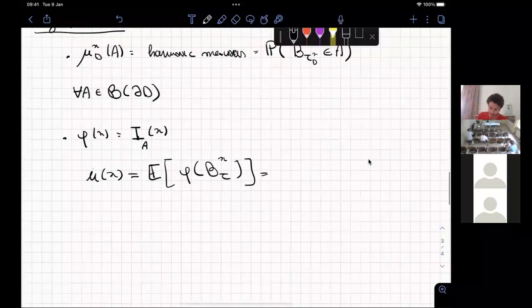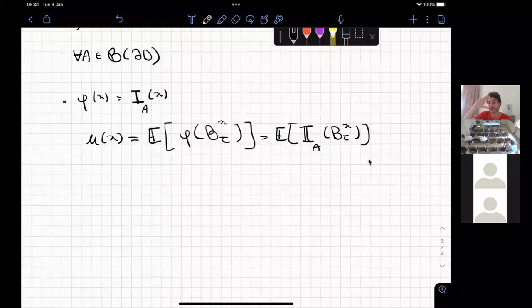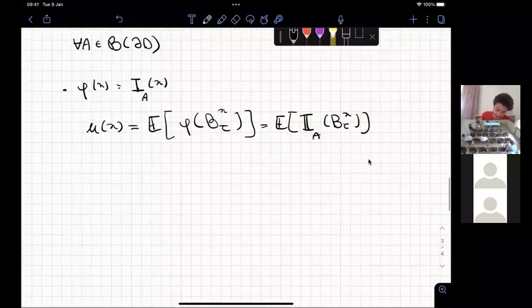This can be written as the expectation of the indicator of A of B_T. It's a basic computation from probability theory, but I won't do it because it's an integral. Trust me, when you take the expectation of an indicator, this is equal to the probability of this variable belonging to this set. Difficult, super difficult to speak in this language. Since we have an indicator here, this is equal exactly to what we want.